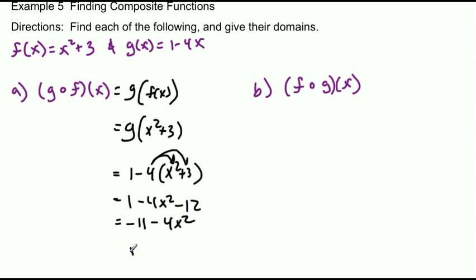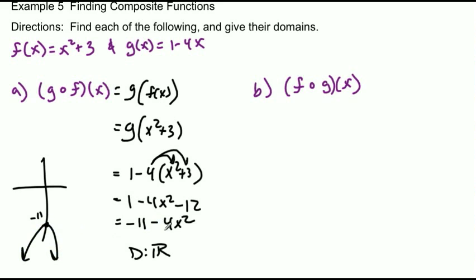So the domain will be all real numbers. If you had a restriction, you would say it's all real numbers except that value. In this case, it's just all real numbers. You can verify this graphically. The graph will look something like this, with the vertex at negative 11, and it opens down.